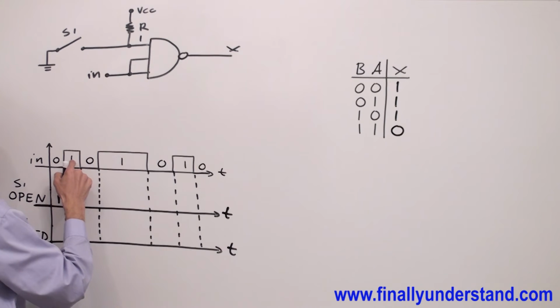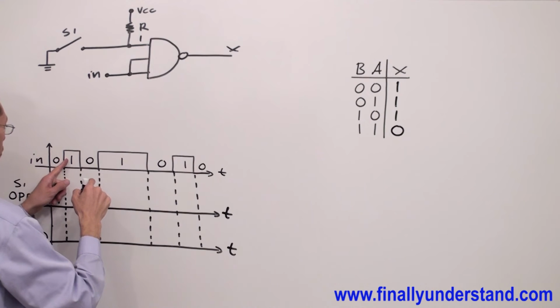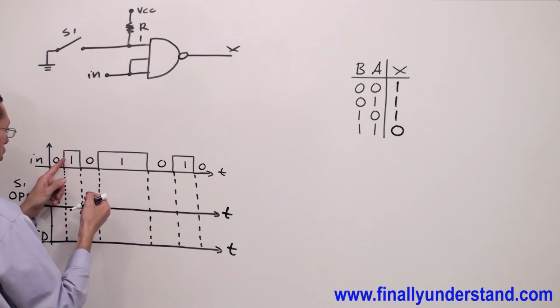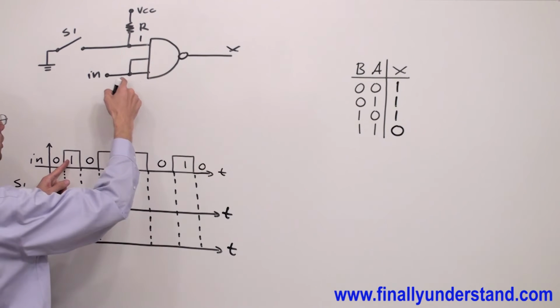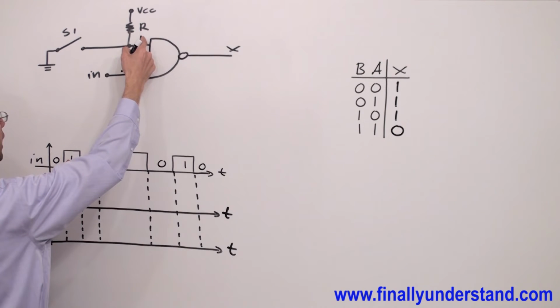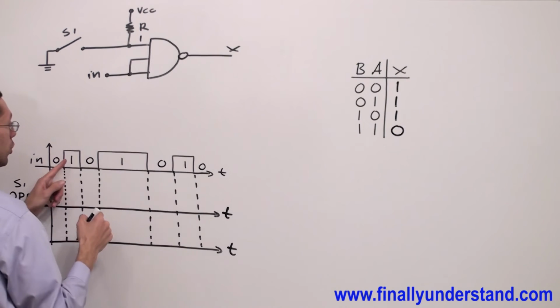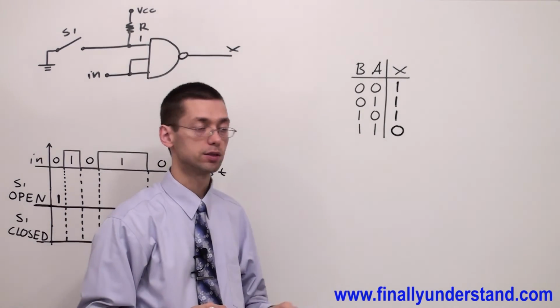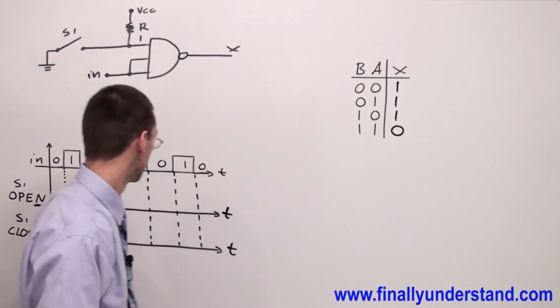When I'm going to have 1 at these two inputs, because let's say when the time is coming and this high is present at these two inputs, I have high at the first input too, so when I have all inputs receiving 1s, output is going to be 0.